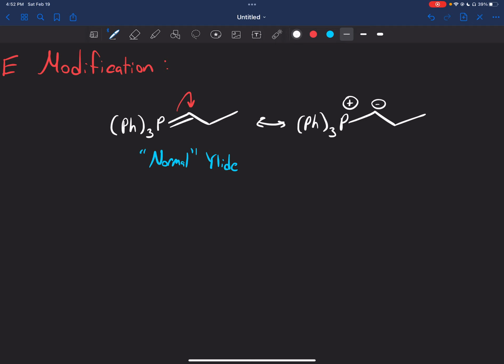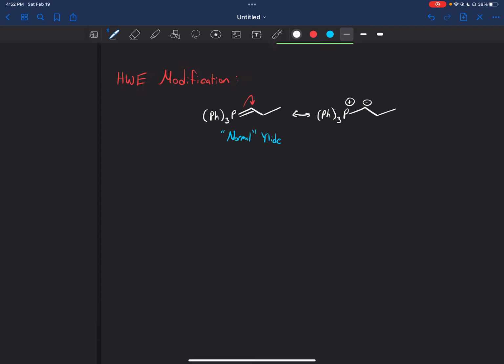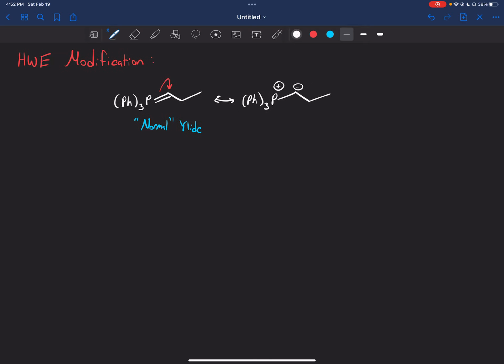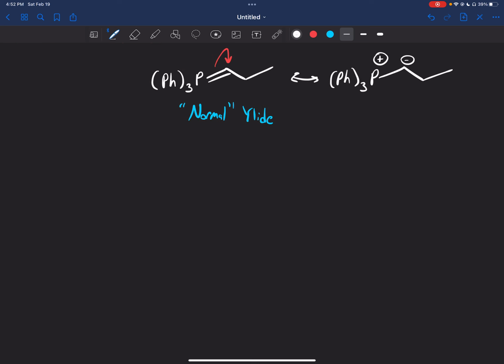Now, in the HWE modification, our ylides are a little different. They're going to look sort of like this, a little bit complicated. So I'll write it out and you'll see, and I'll explain why it looks like this. We're going to use something that looks like this weird structure.